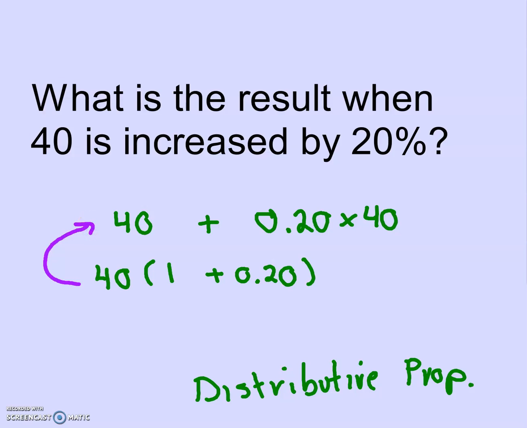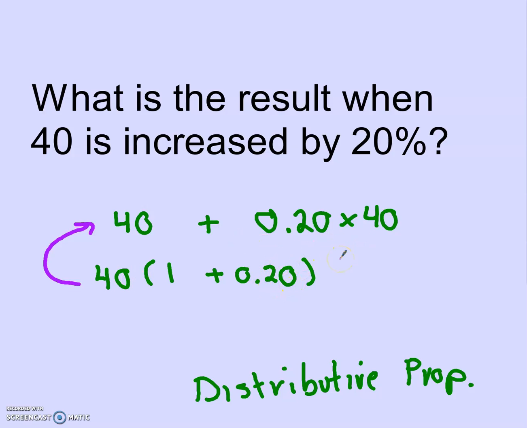Back when we did the distributive property, we took the number outside and multiplied it by each thing inside. Well, notice that when you do the distributive property, you get back to this: 40 plus 0.20 times 40, because you had 40 times 1, that's your 40, and 40 times 0.20.